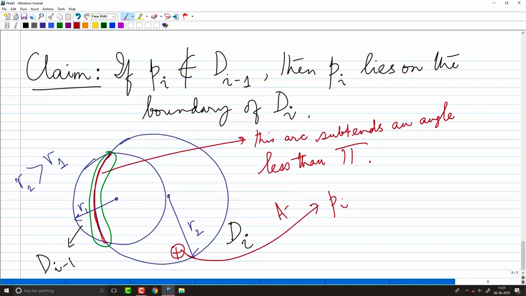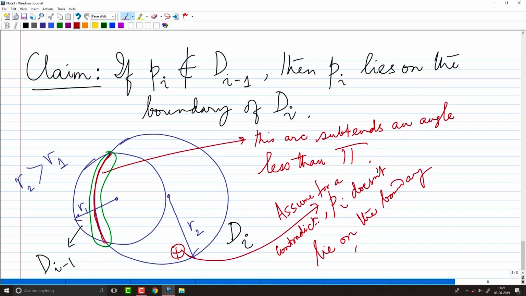So, assume for a contradiction Pi does not lie on the boundary of Di.